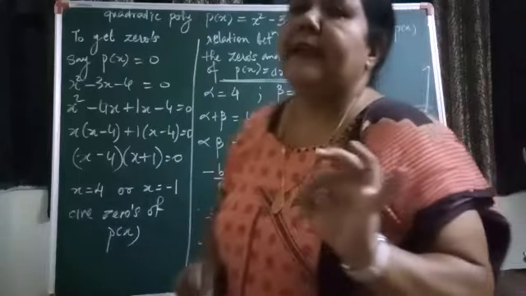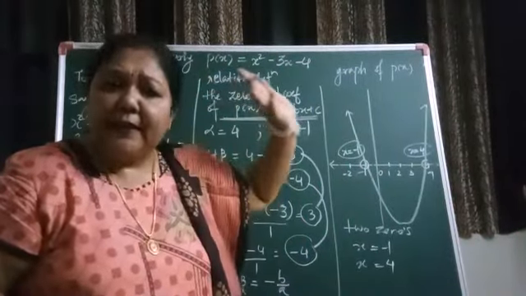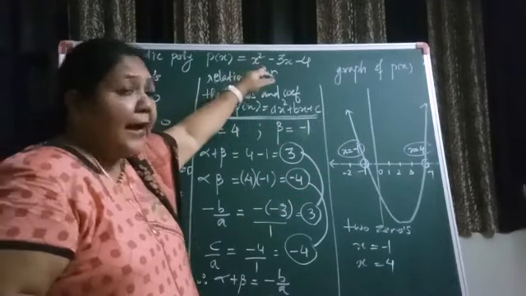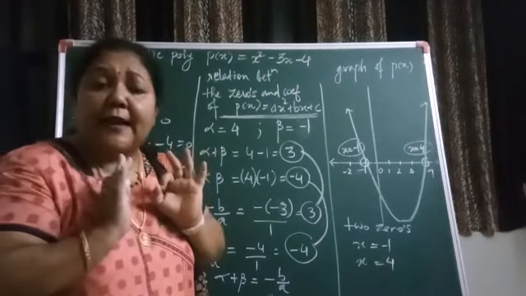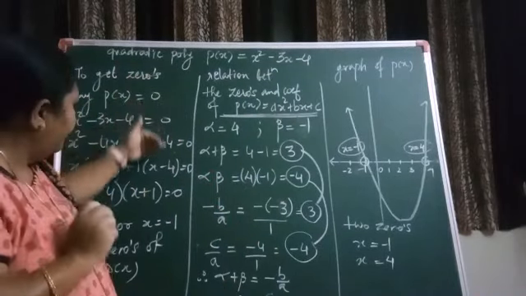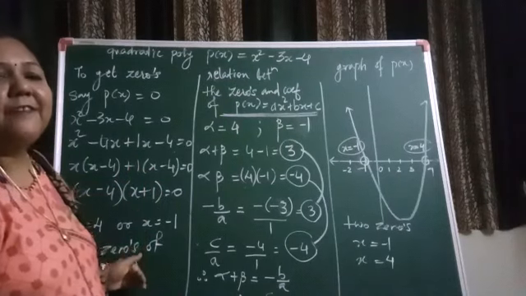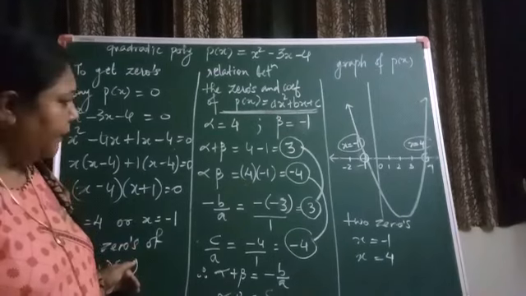That means next time onwards, if you are given an equation, it could be linear, it could be quadratic, any type of equation, you have to remember 3 different categories of information. The first one: p of x is equal to 0 बोल के जो solve करके x का value मिलेगा, that is called a zero of the polynomial.